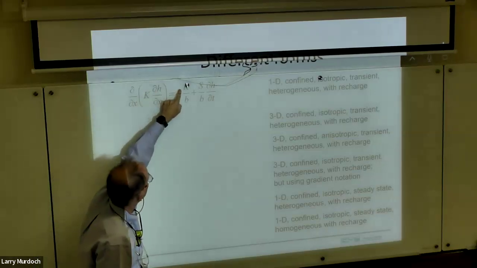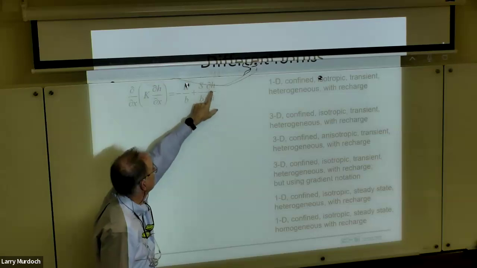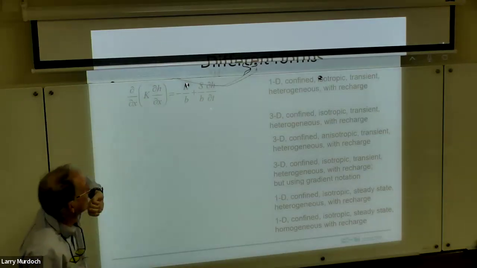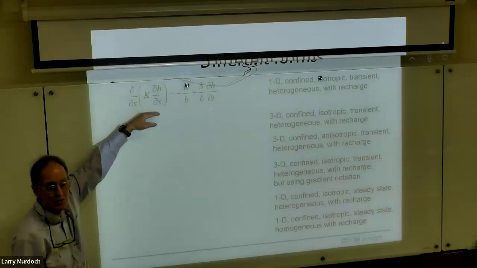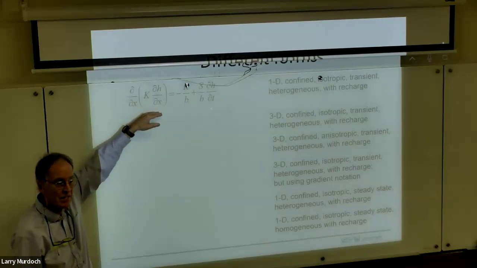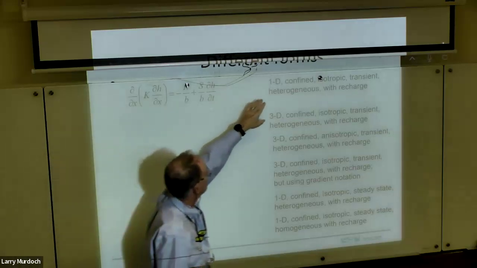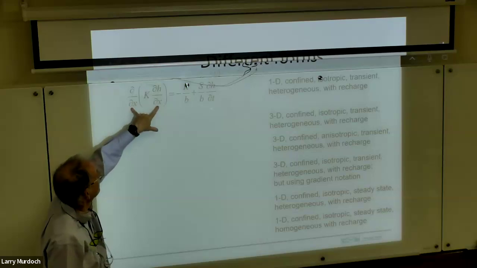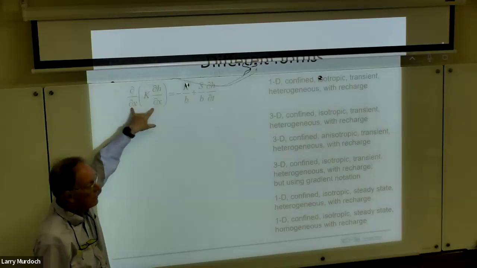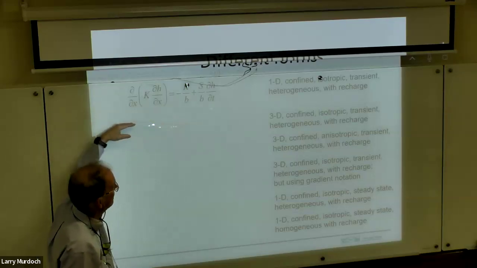And there's recharge, and this is the hydraulic head changing with time. So this is the governing equation for a specific set of conditions. It's one dimension because there's just one spatial dimension here. So it's just in the x direction.